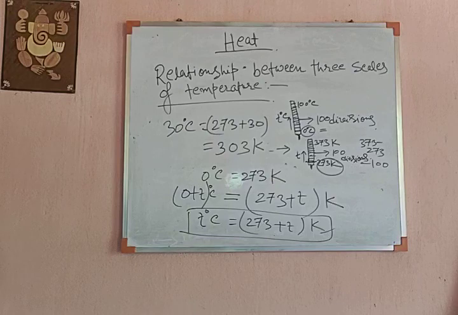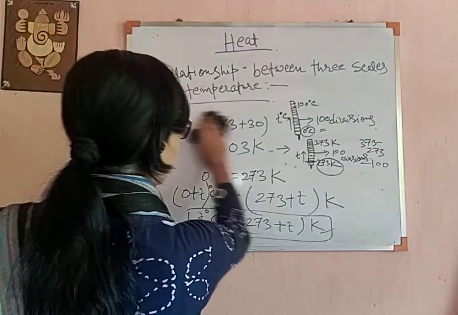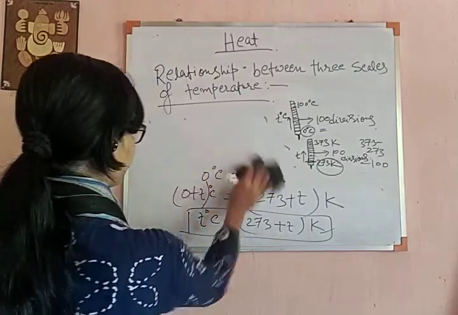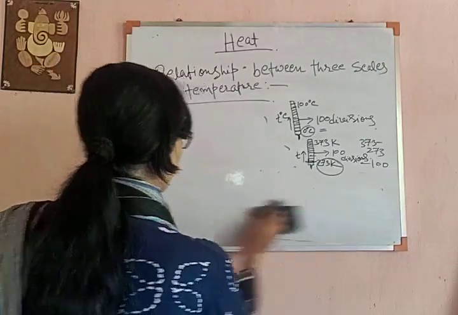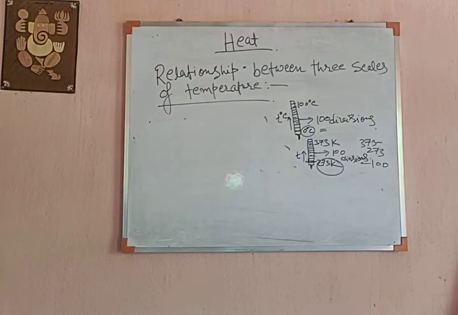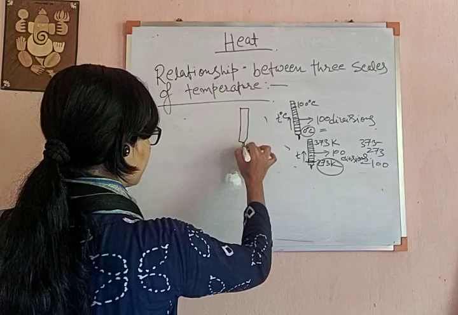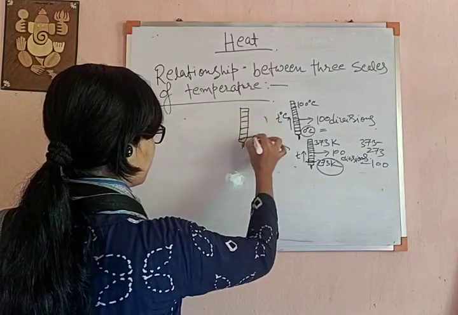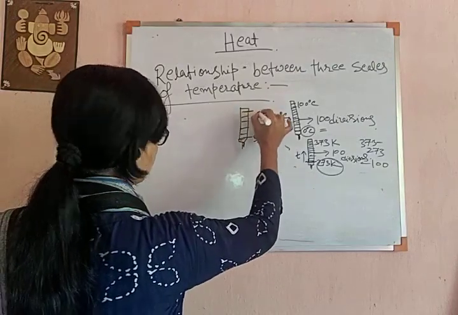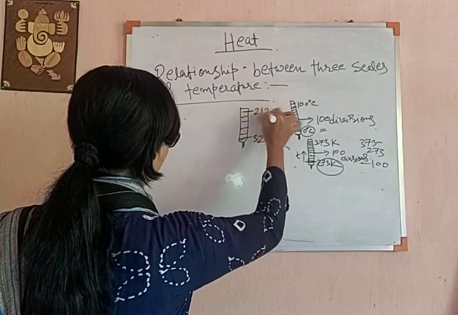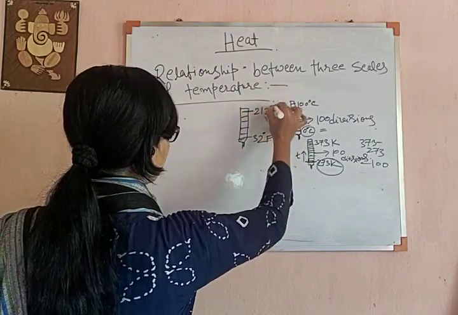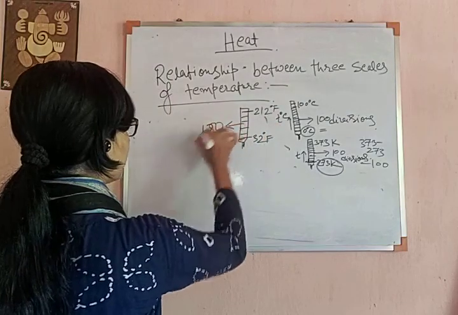Next is between Celsius scale and Fahrenheit scale. The relationship between Celsius scale and Fahrenheit scale. But the conversion between Celsius and Fahrenheit scale is not simple like this, because the division is different. In Fahrenheit scale, the division is here. Here is 32 and here is 212 degree Fahrenheit, and this division is 180 divisions.